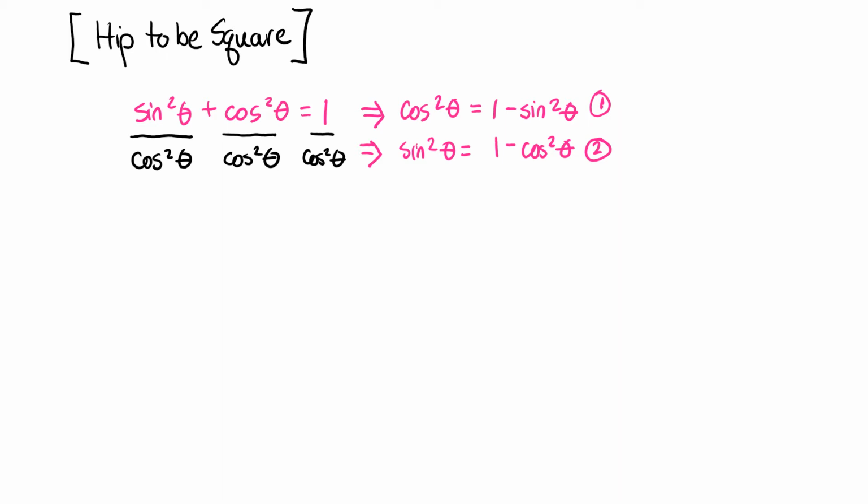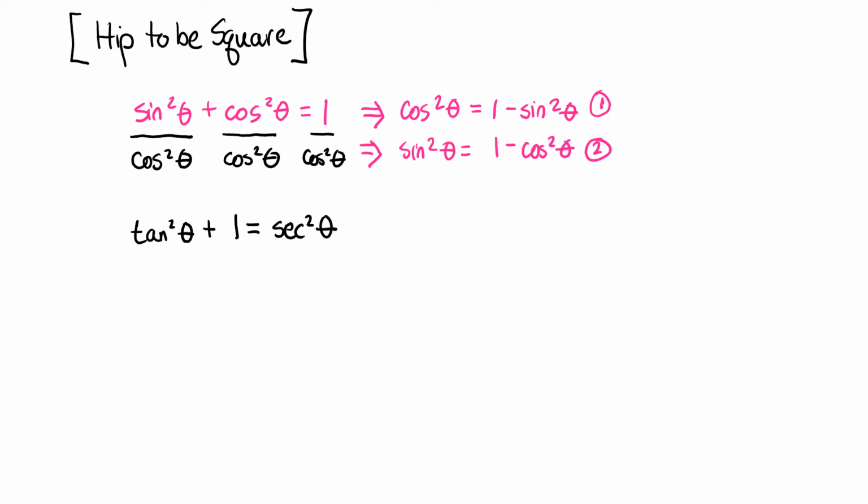So sine squared over cosine squared is tangent squared theta, plus cosine over cosine is 1. Any number over itself is 1. That equals 1 over cosine squared theta, and 1 over cosine is the reciprocal of cosine, which is secant. So 1 over cosine squared is secant squared theta.